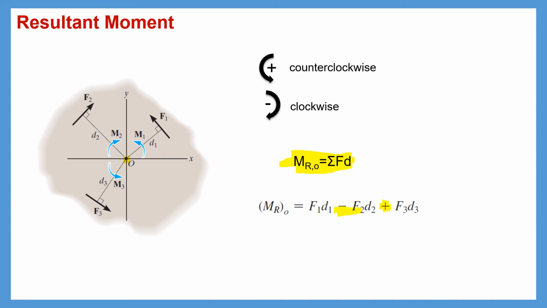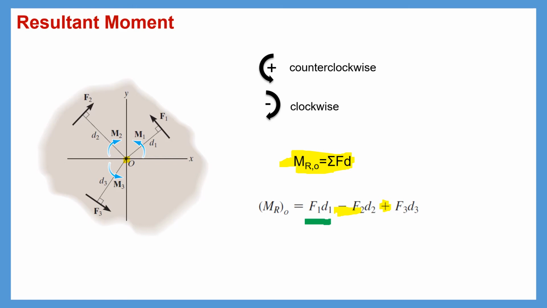For example, M1, the moment of force F1 produced at point O, will be equal to F1 times D1, and it will rotate the body in counterclockwise direction. So it means it is in positive z-axis.